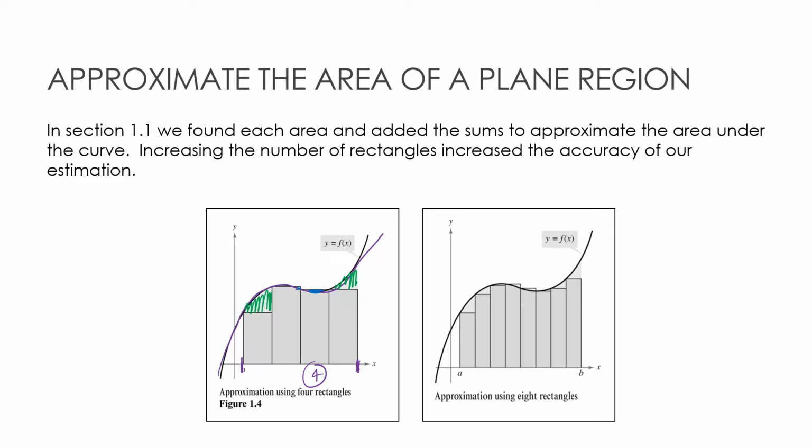But if I were to then increase it to 8 rectangles, notice, yes, I still have some areas where this underestimates my result, and I still have some areas, whoops, where it overestimates my result. But you get the idea that if I then made it 100 rectangles or 1,000 rectangles, that it's going to get closer and closer and closer to the actual area underneath the curve.